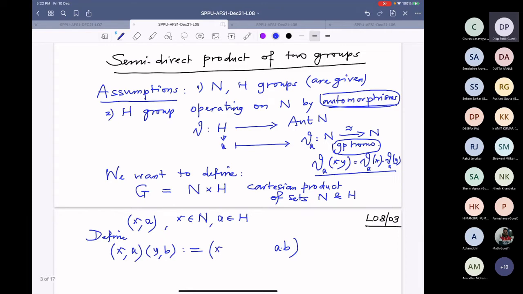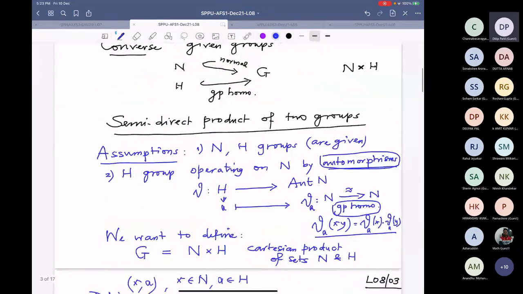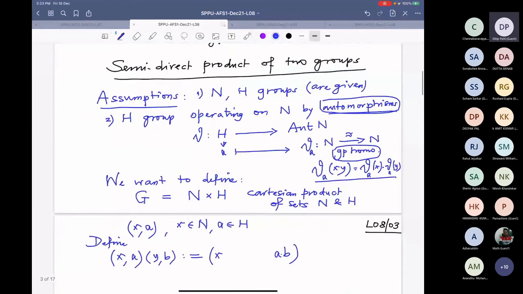In the product case, we have to multiply by y. But I don't multiply x by y; I multiply x, the first one, by theta_A, a map from N to N, applied to y.